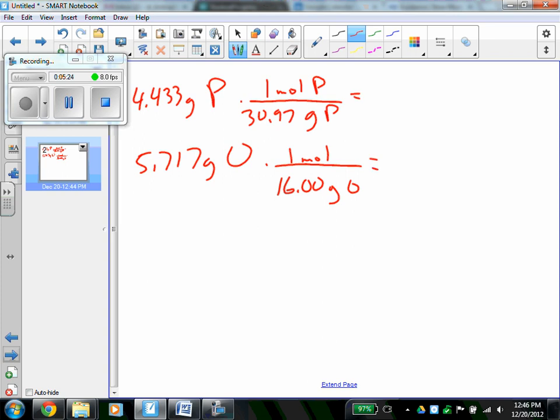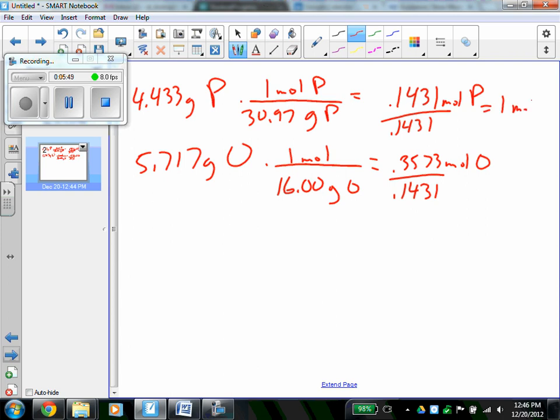So when I divide out these two, I end up getting 0.1431 and 0.3573. Now when I divide by the lowest, that's step two. Divide by the lowest, which is 0.1431. I end up getting 1 mole of phosphorus and 2.5 moles of oxygen.